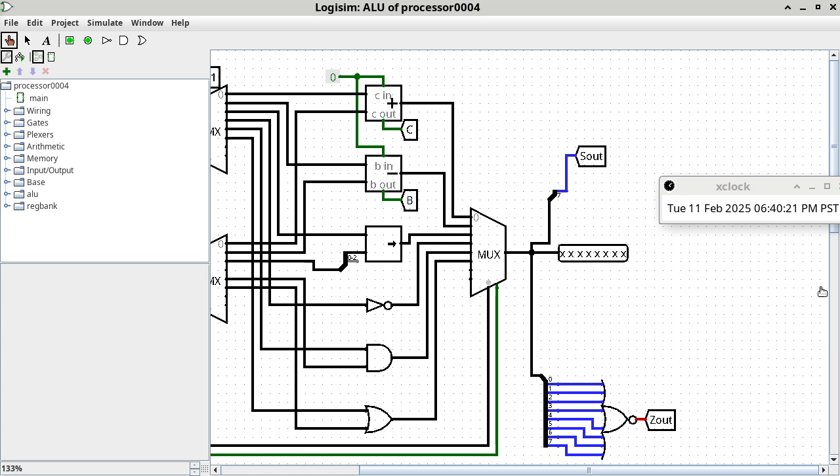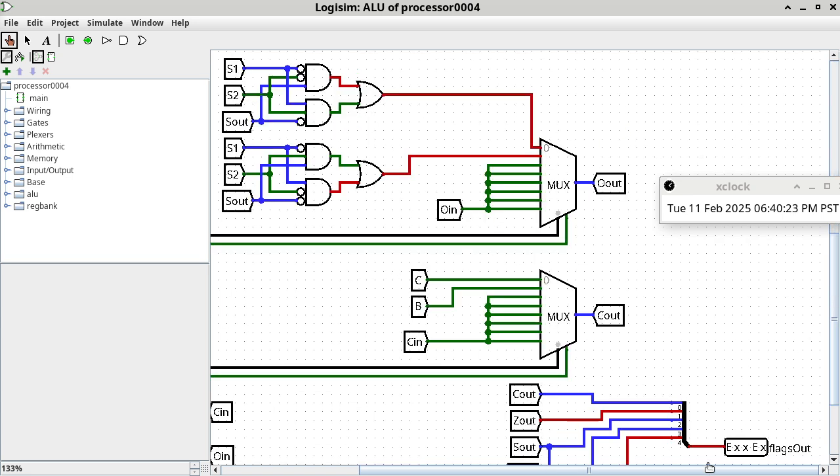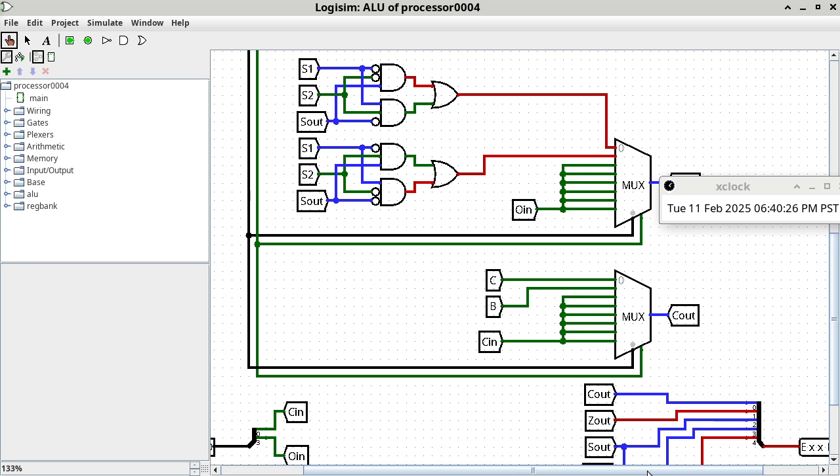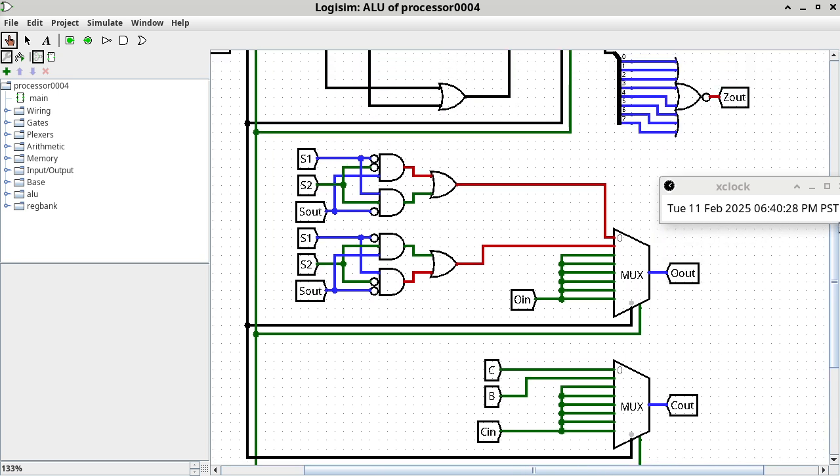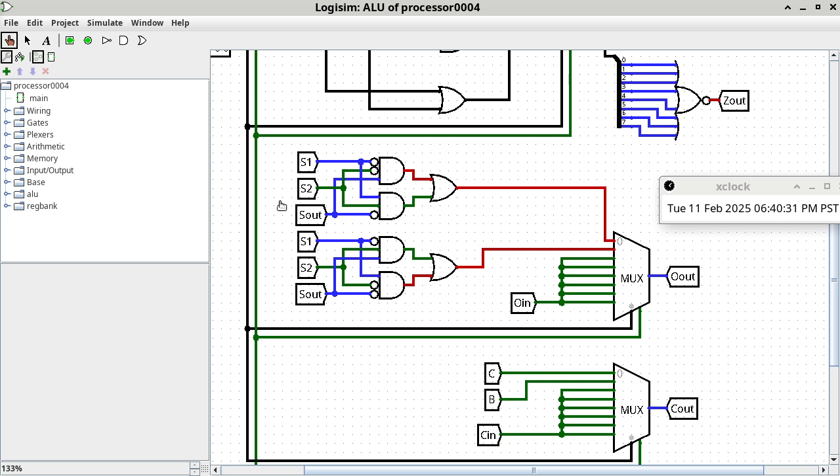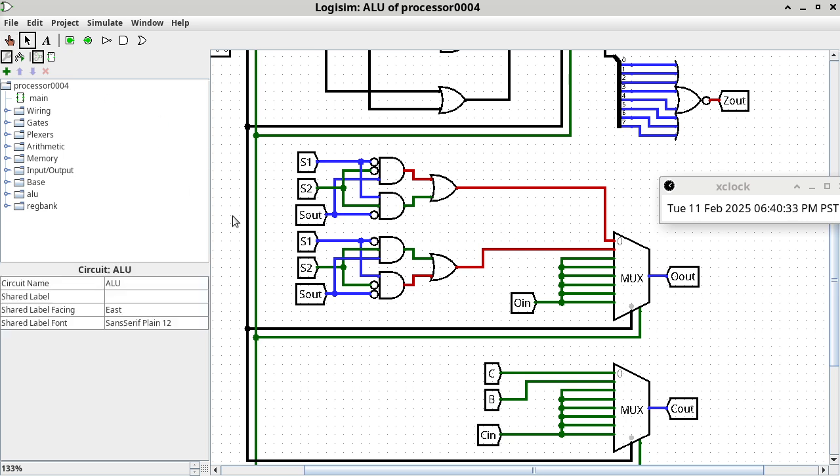All right, so we look at this circuit here, and then we look at the overflow flag. I'm just going to highlight the part of the circuit that would do the overflow calculation based on what we have talked about today. This portion. S1 is the sign bit of X, S2 is the sign bit of Y, S out is the sign bit of the difference. So you have two AND gates here.